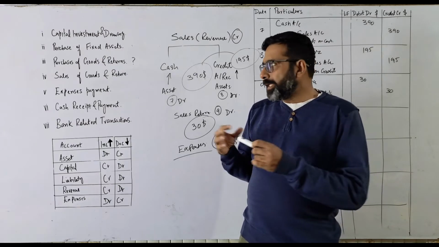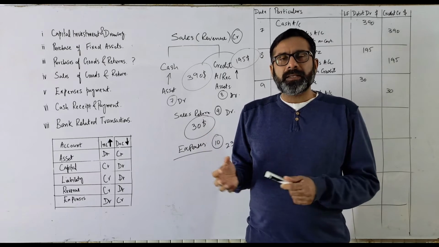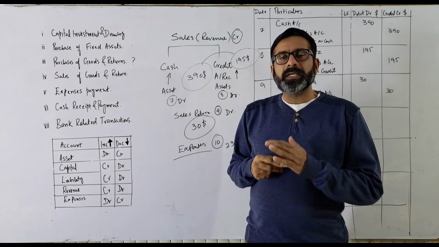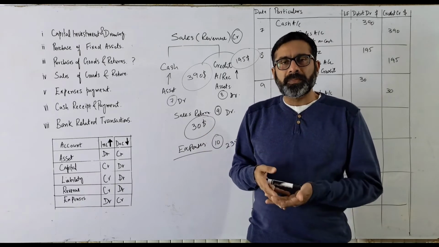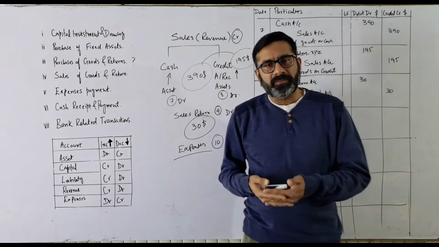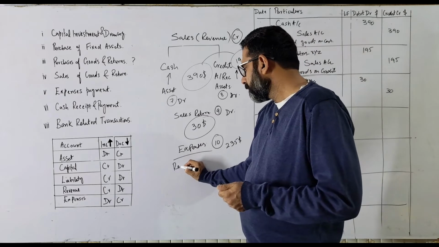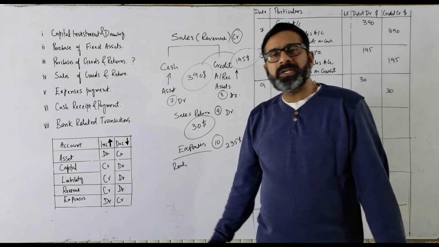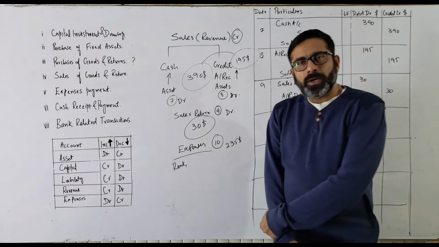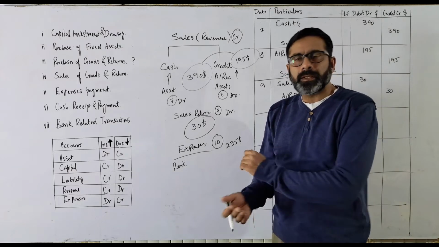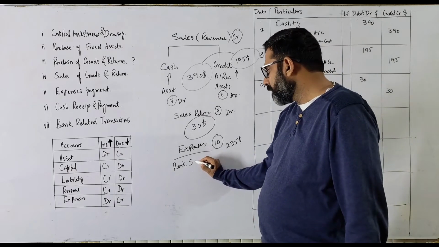But other than that cost, there are so many things that the business or the businessman has to pay to run the business. For example, the very basic thing is the rent. If it is not your own shop or your own factory, you have to pay the rent. What else do you have to pay?